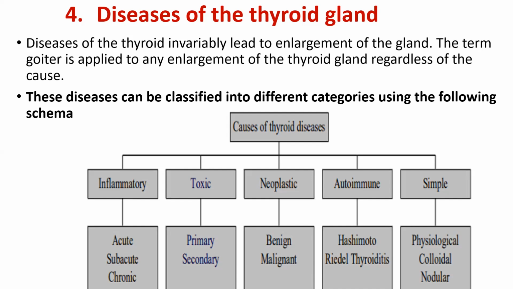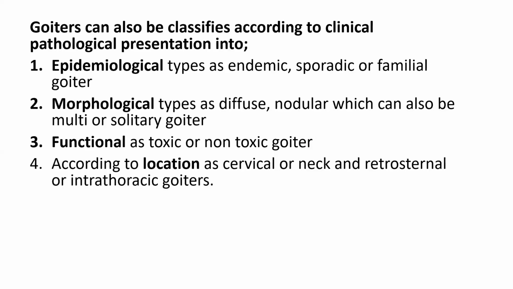or nodular. So other ways, these goiters can be classified according to the clinical pathological presentation, like epidemiological goiter, like when you're having endemic goiter, sporadic goiter, or familial goiter.